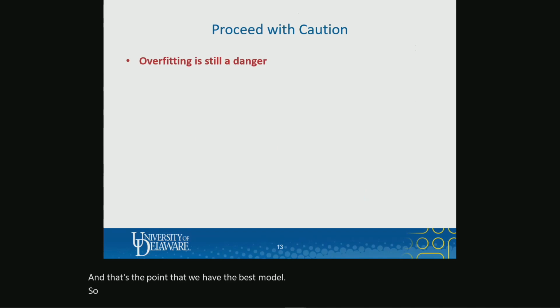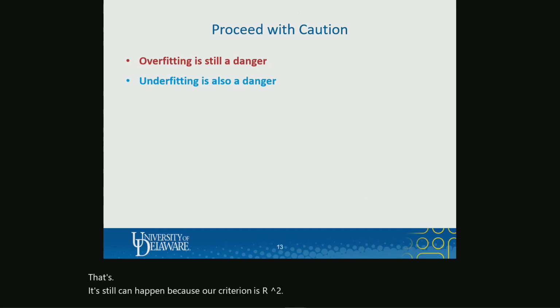So I should mention that overfitting is still a danger. It still can happen because our criterion is R squared. We are trying to minimize this possibility. And underfitting is also a danger. So we have low R squared.